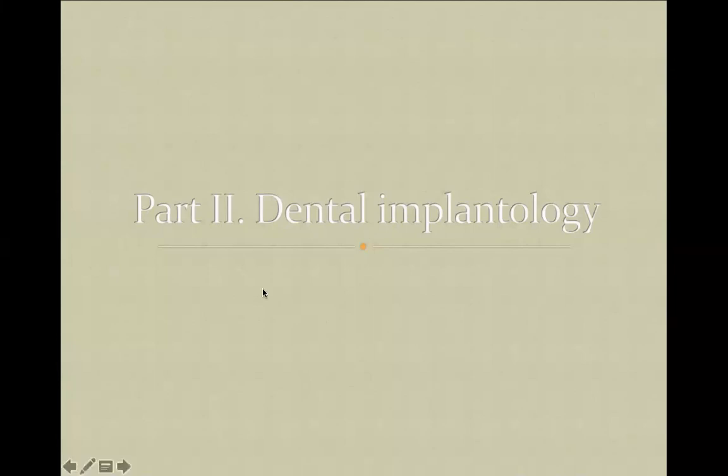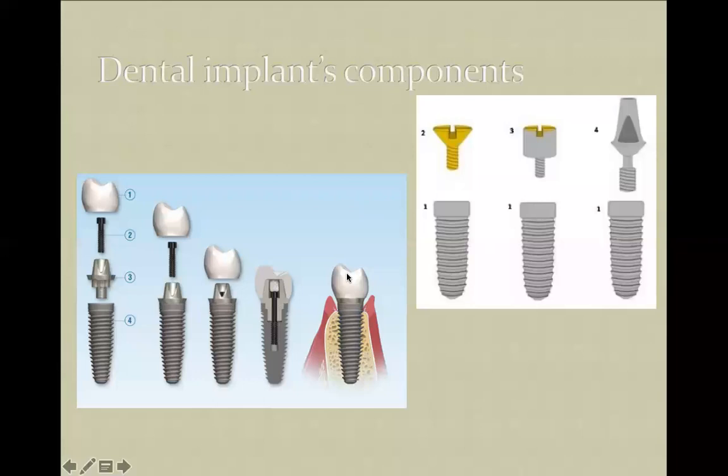Well, first of all, I'd like to talk about the components of the dental implant, as you can find on this picture. We have to accept the dental implant as an artificial root that might be placed inside the alveolar ridge, inside the alveolar process, to restore the root anatomy, and by that being a starting point for the crown restoration.